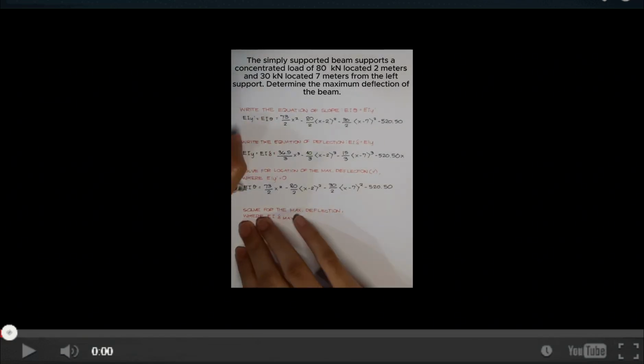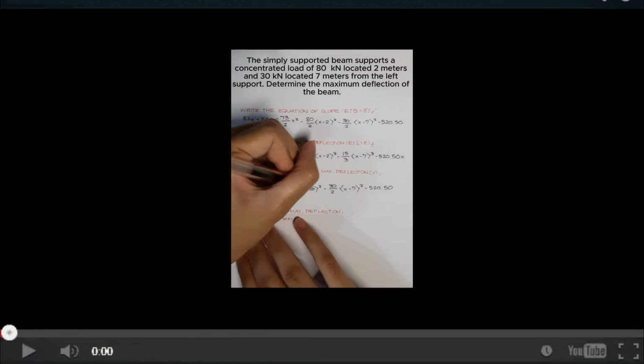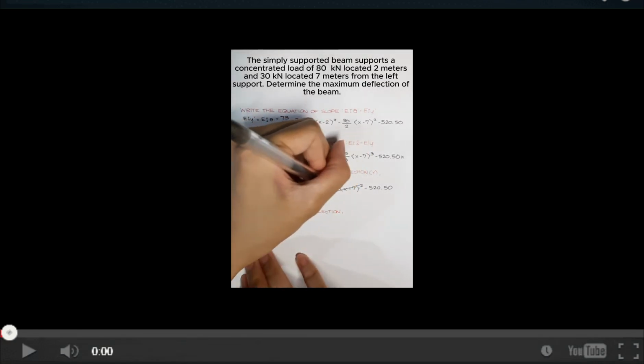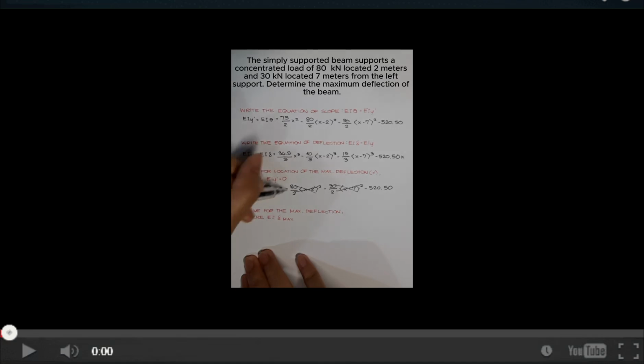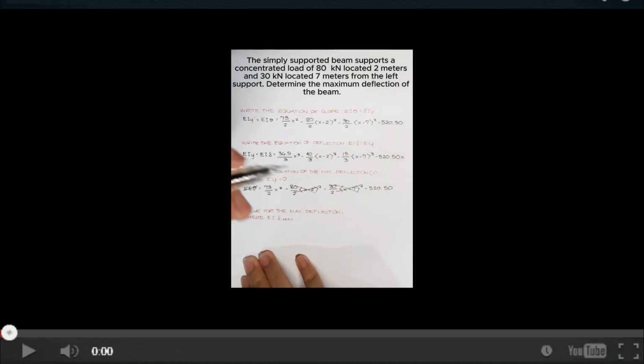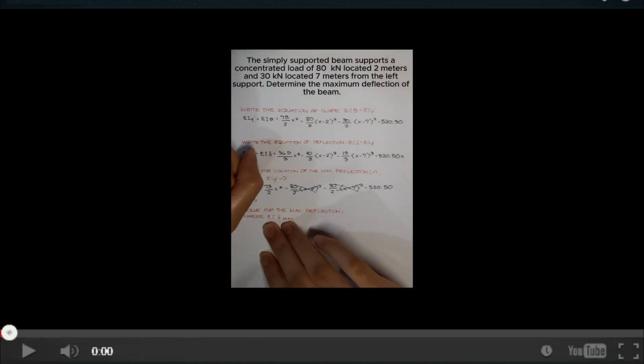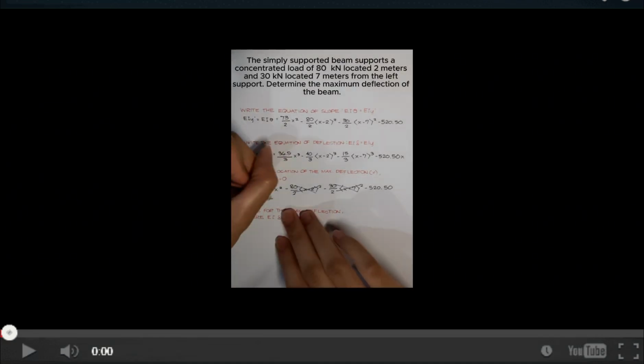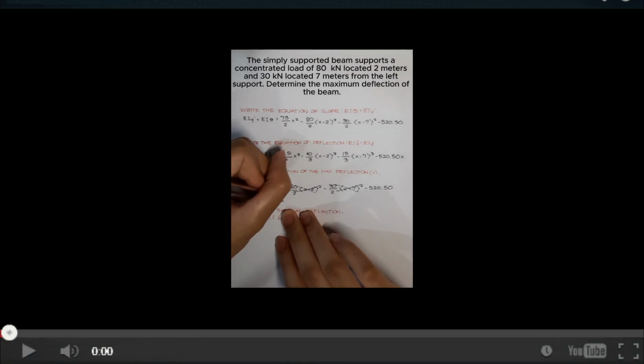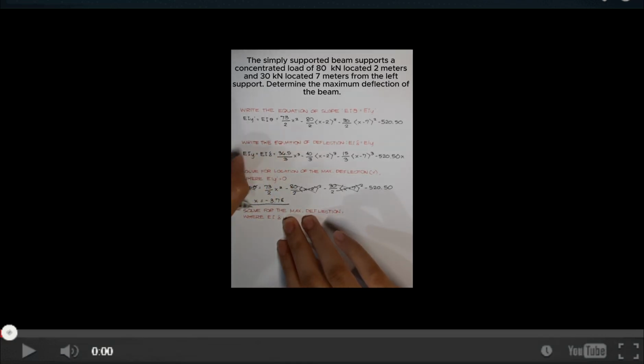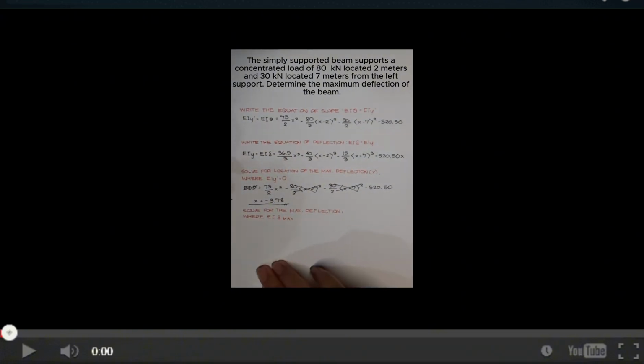Then, ika-cancel out natin ito, and ito. So, ang matitira is ito, and the 520.50. So, ito yung isosolve natin para makuha yung location of the maximum deflection. So, sa calculator, yung x, ito yung magiging alpha natin. So, now let's calculate. So, x is equals to negative 3.78. So, ito yung location of the maximum deflection.